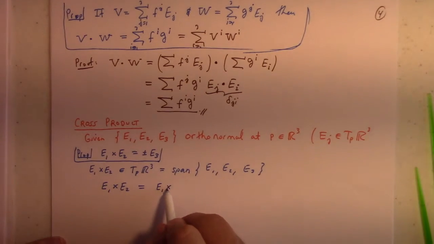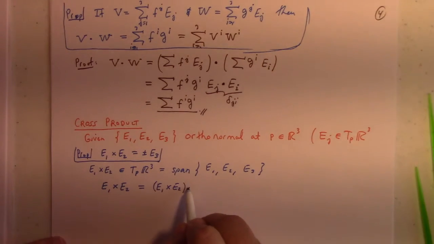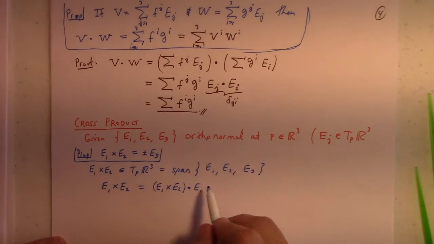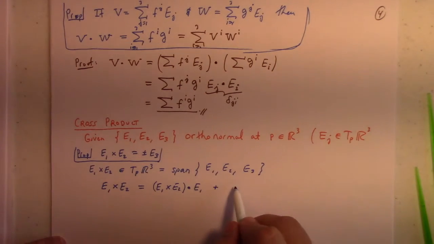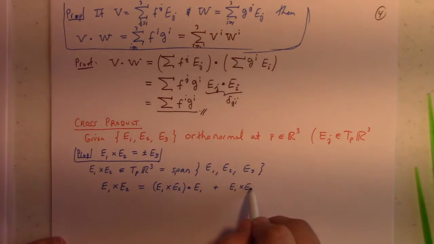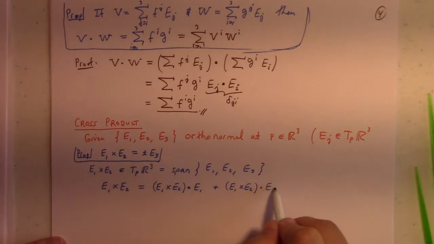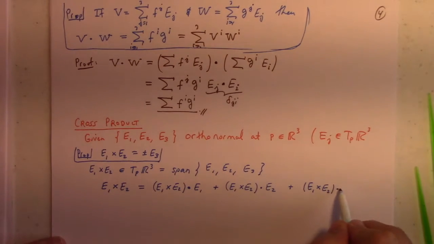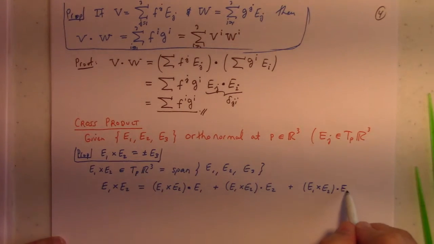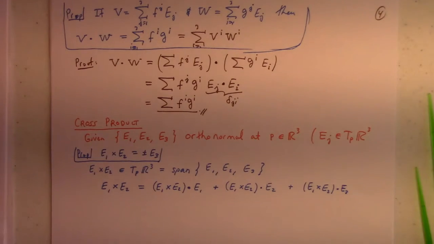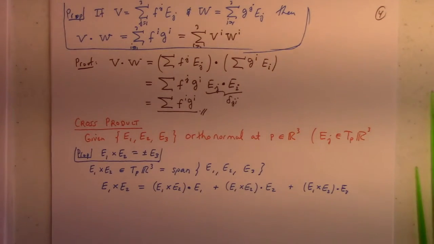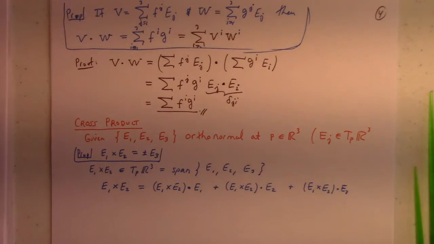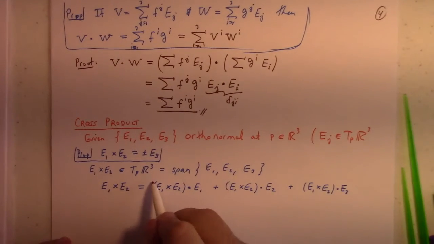So that's E1 cross E2, dotted with E1, plus E1 cross E2, parentheses dot E2, plus E1 cross E2, dot E3. Those are all scalars. Those are the components. The actual vector part I haven't written yet.